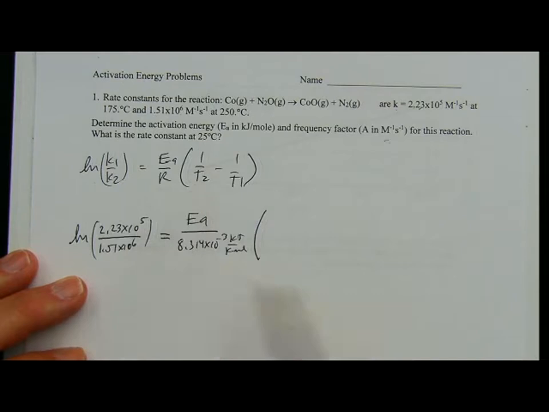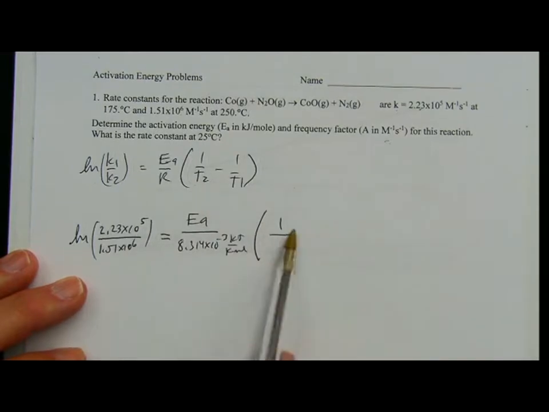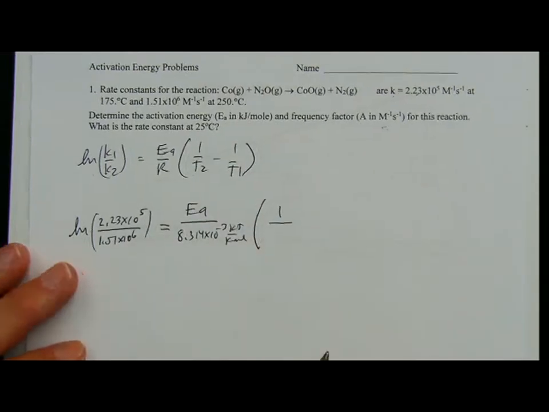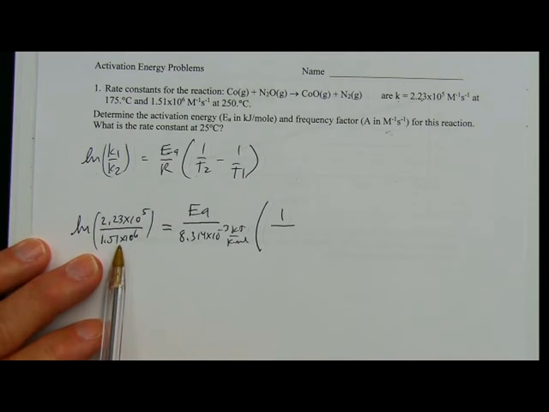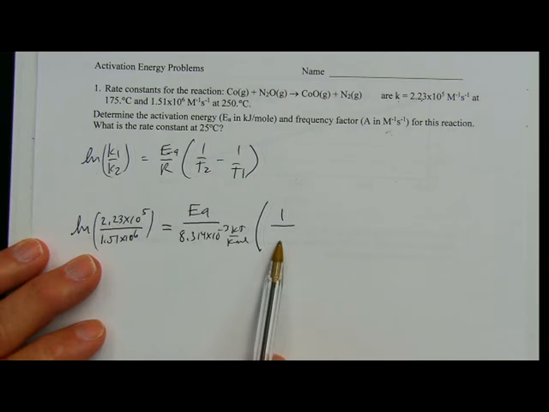And what do I put for the T2? All right, so K2 is there. T2 is there. So what's the temperature for the 1.51 times 10 to the 6th? 250. So I put 250 there. No. Okay, what do I put there then? Kelvin. Yes, so that would be, what, 523?